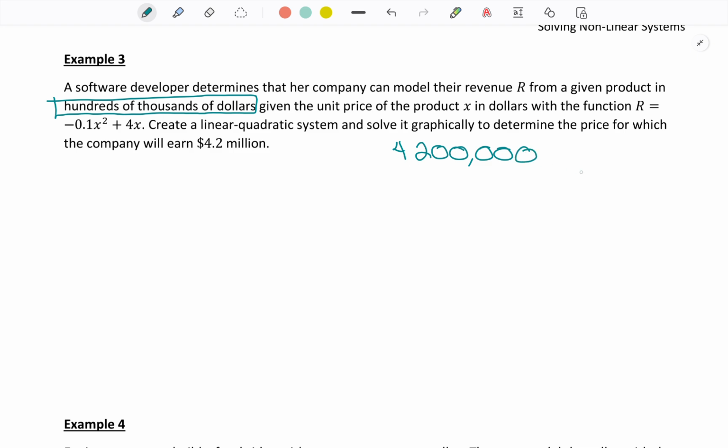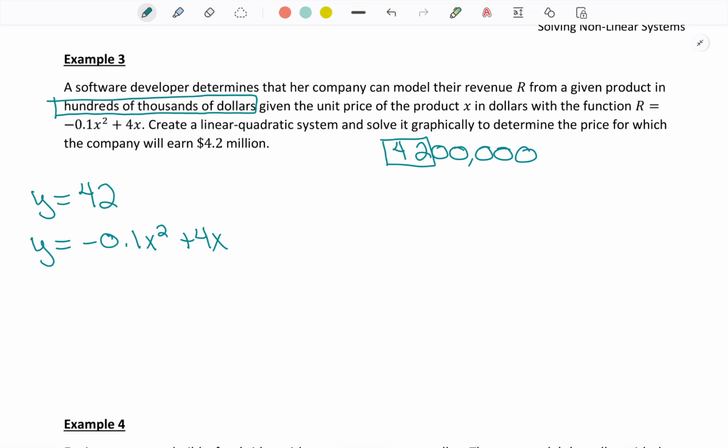So we actually have 4,200 thousands of dollars. So we have one equation that's going to be y equals 42. And then the other equation is already given to us, that negative 0.1 x squared plus 4x.